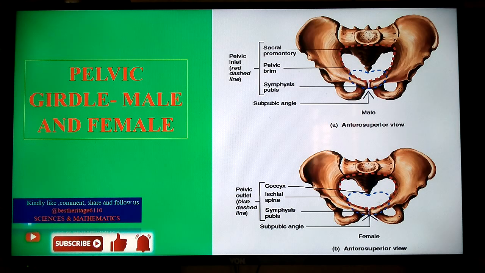There's also a difference in mass: this part is going to be lighter in females as compared to males.